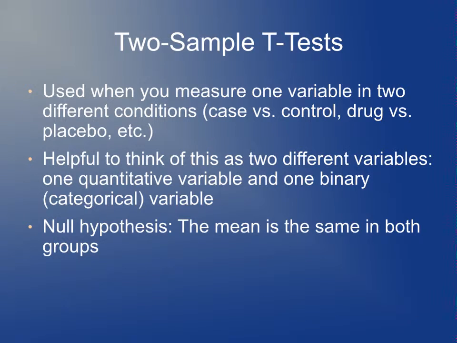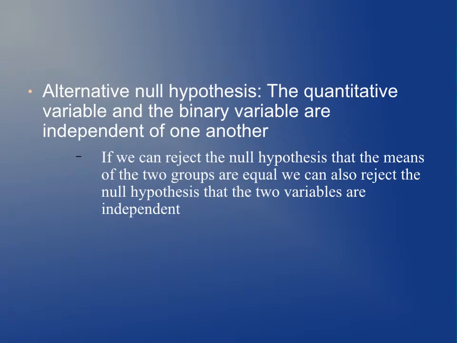And the null hypothesis is that the mean is the same in both groups. The alternative hypothesis is that there's a mean difference. Another way to formulate the null hypothesis is that if you have a quantitative variable and a binary variable, they're independent of one another, there's no association between the two.